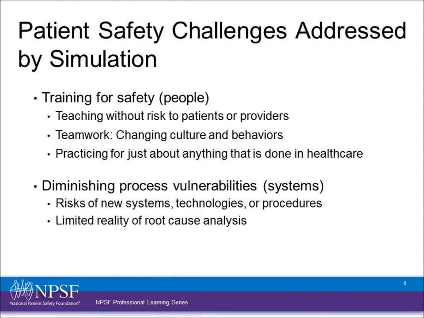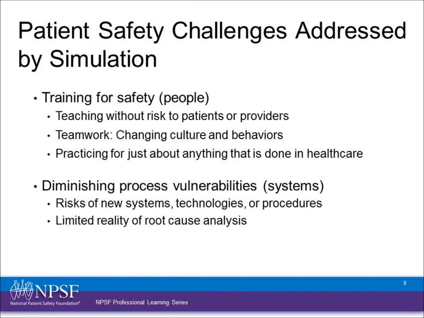You've had other experiences, or will, in the patient safety curriculum about the importance of teamwork in healthcare safety. It's absolutely critical. Simulations of various kinds are a great way to get people to think about being better team players and to change their culture and the way that they act with one another. In fact, simulation is a great way for practicing just about anything that is done in healthcare, and I'll give you a couple of examples in a few minutes.